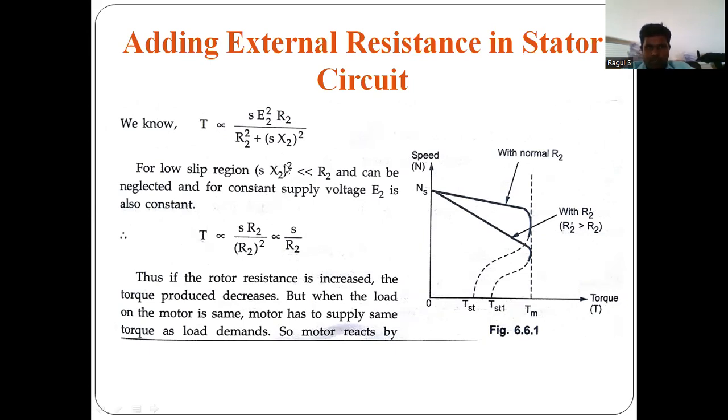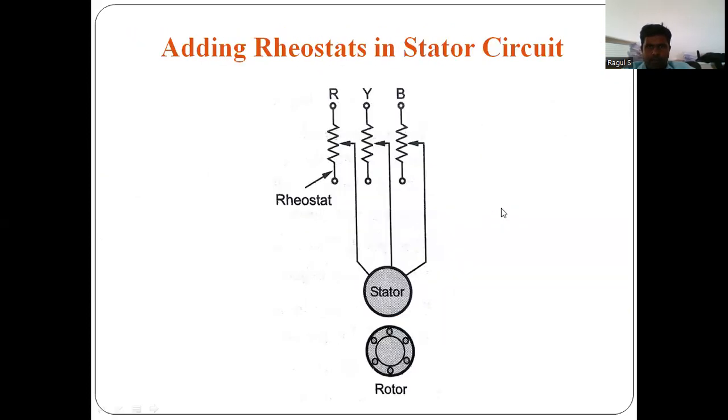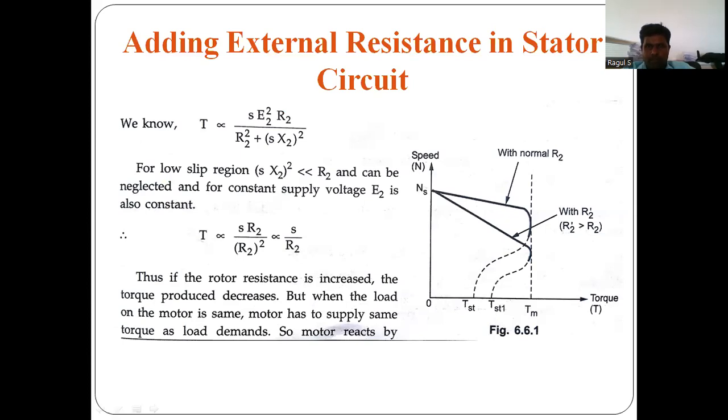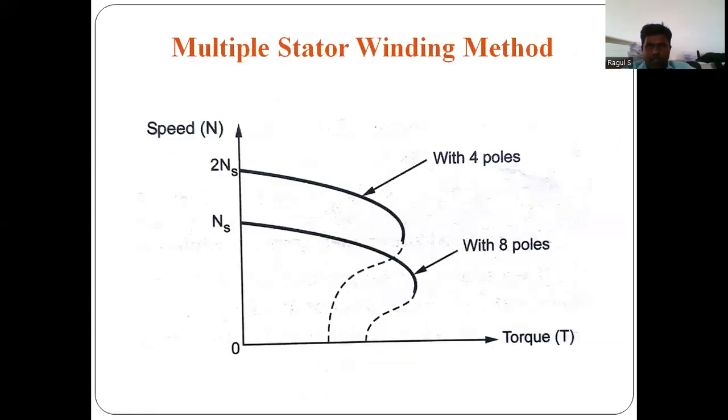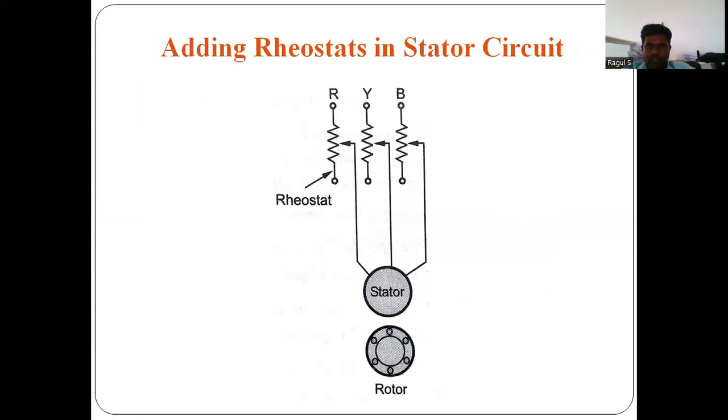When the rotor resistance value is maximum, the torque decreases. When the load of the motor is the same, the motor supplies the same torque as the load demands. So the motor reacts with different torque values. The torque changes, and the motor speed also changes.